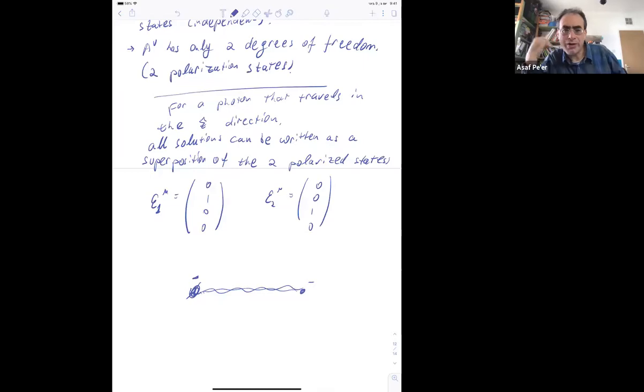But the description we currently have for the same phenomena is via Feynman diagrams and the exchange of these virtual photons. So I'm not losing anything. I'm describing the same thing in a different way.